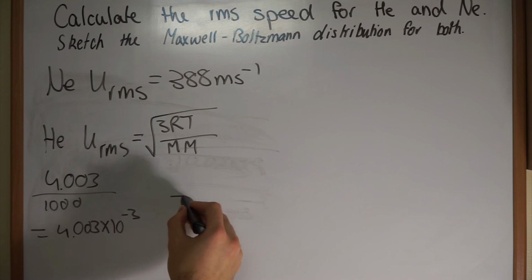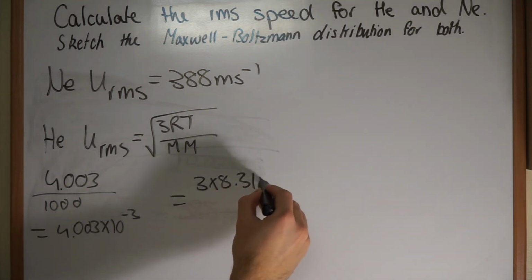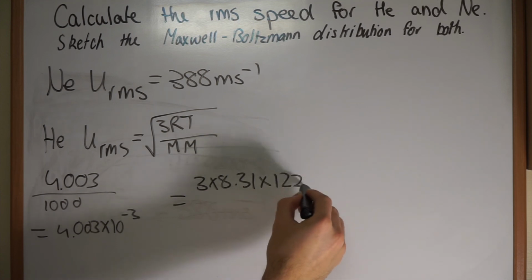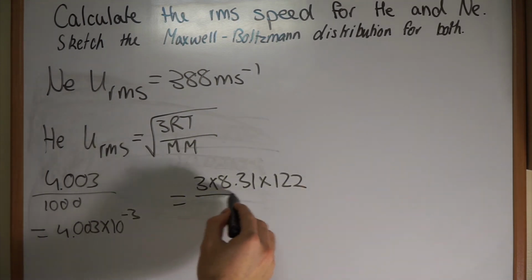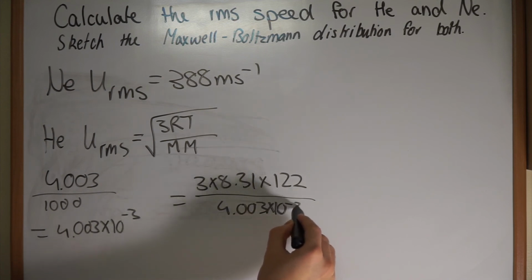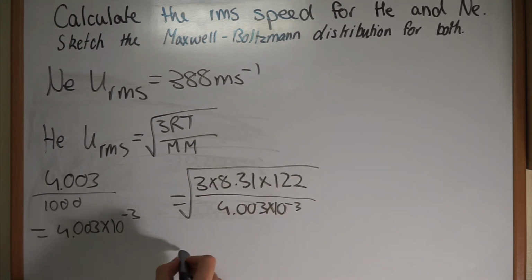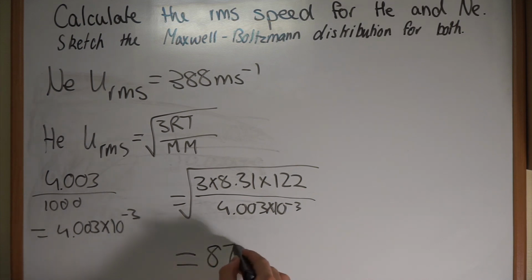Substitute all the values in, you get 3 times 8.31 times again the temperature of the system, which is the same as at the start, all divided by the molar mass, and then you square root the whole thing. Put that into a calculator and the value you should get out at the other end is 872 meters per second.